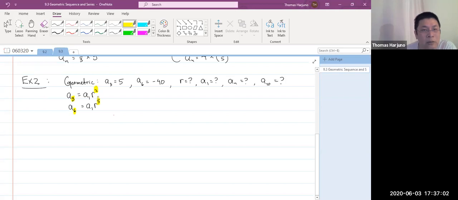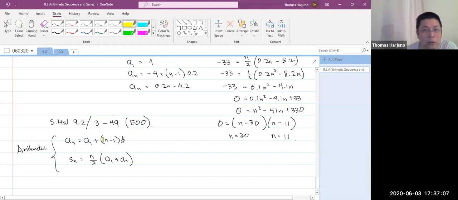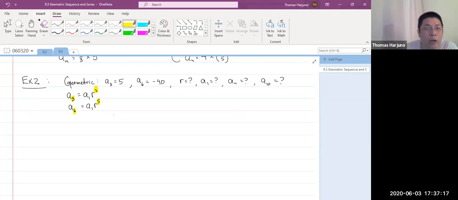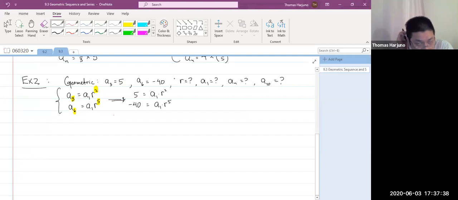Just like before in our arithmetic sequence, the number of d's will be one less than the n. Now, I plug in numbers. So I get 5 equals the first term times r squared. Negative 40 is the first term times r to the fifth. Now, you can do substitution if you want.